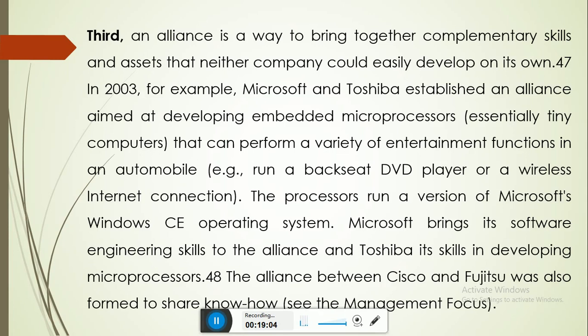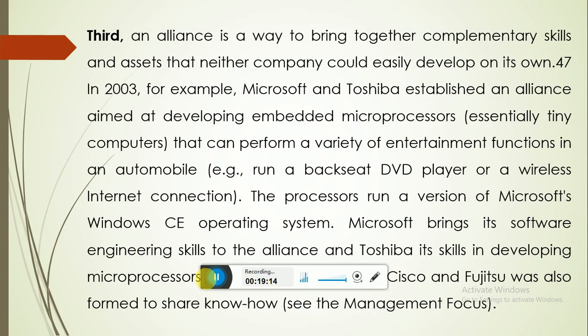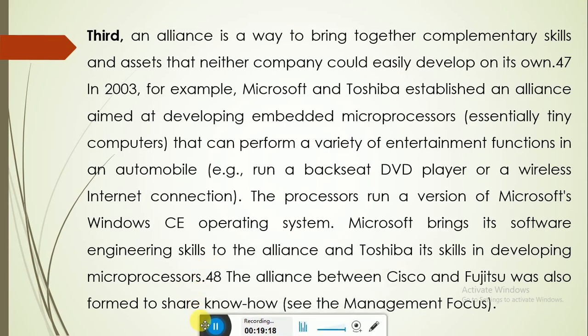They joined hands together to achieve specific goals and objectives. That's why they are coming together for a certain specific time in order to produce certain products. As you can see, there is also the alliance between Cisco and Fujitsu, which was formed to share know-how, see the management. So that's another case.